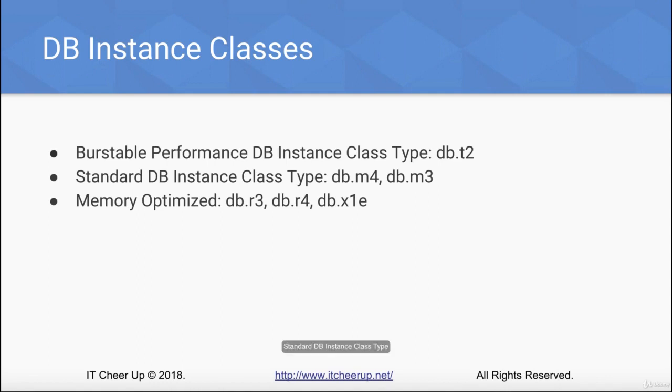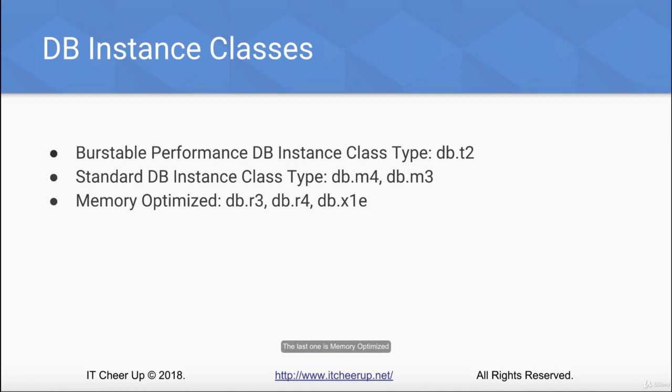The second DB instance class type is a standard DB instance class with the db.m3 and db.m4. This instance class provides more computing capacity.